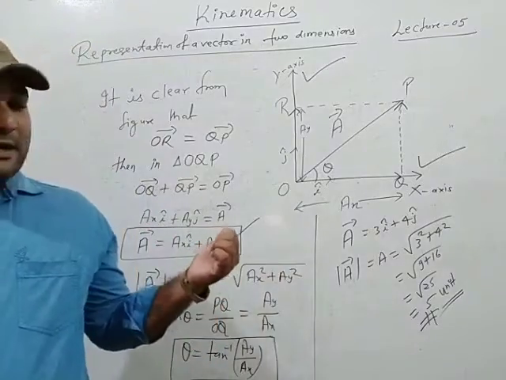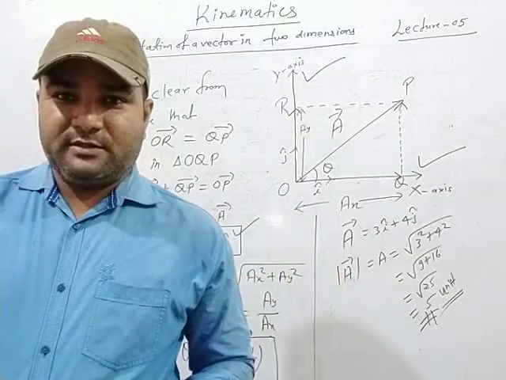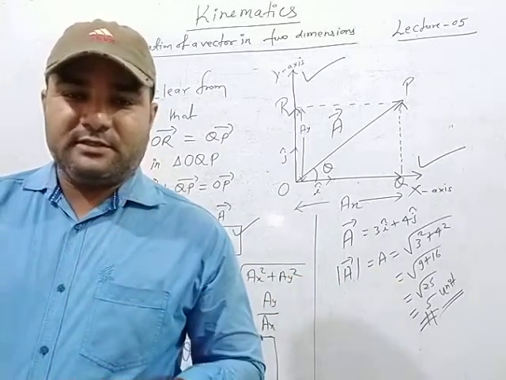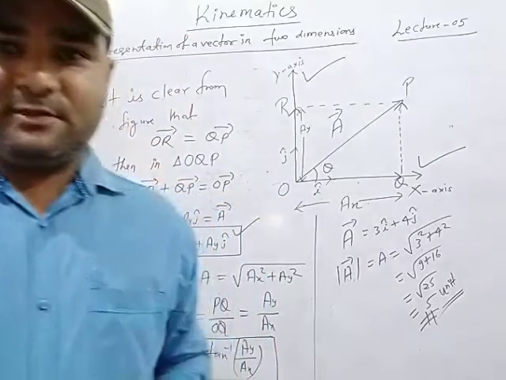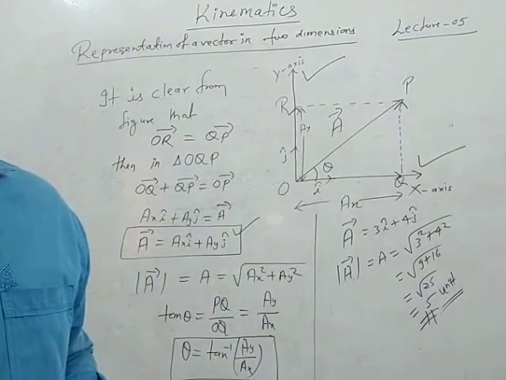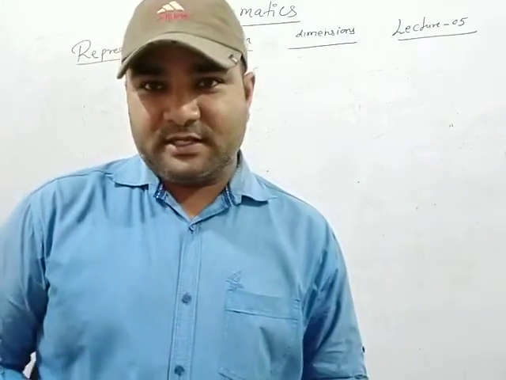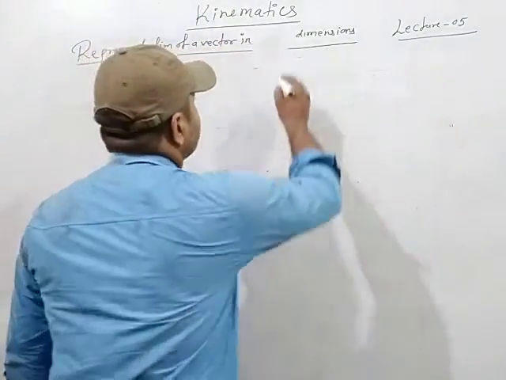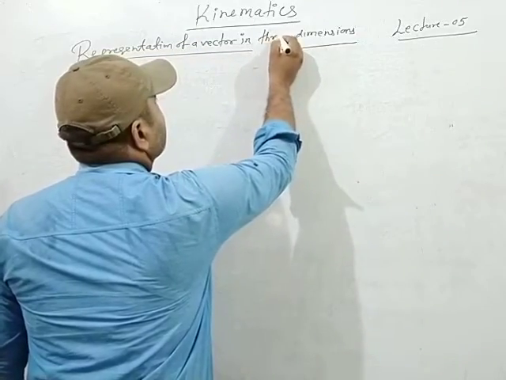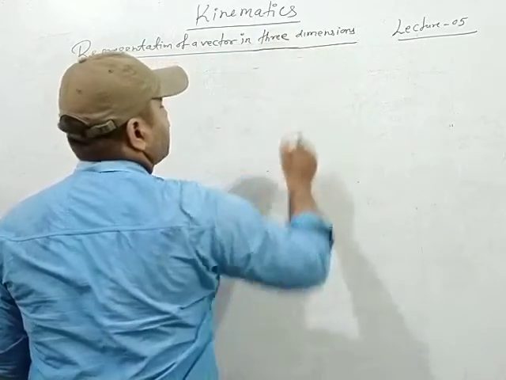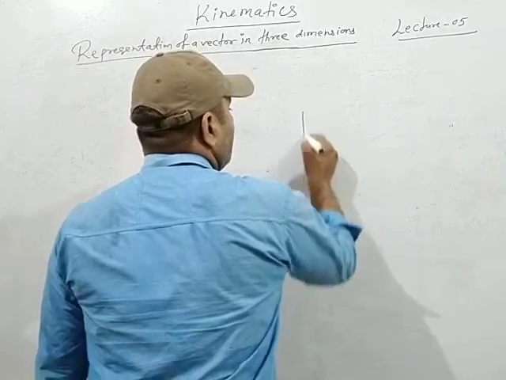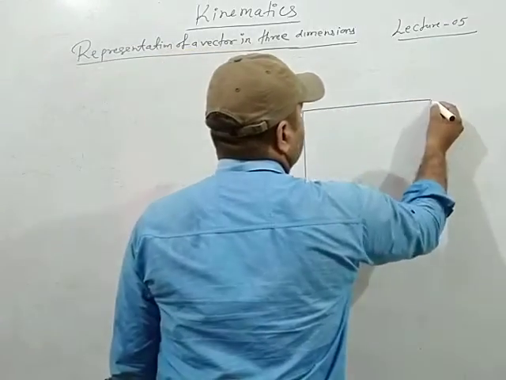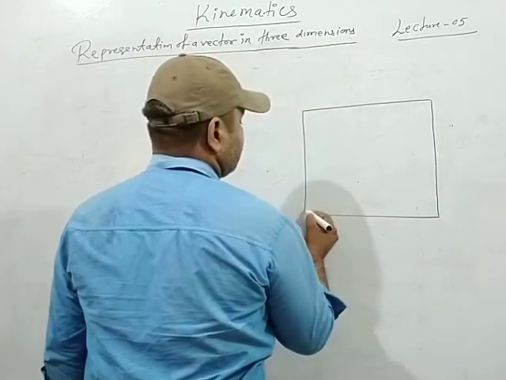After this I am going to explain the representation of a vector in 3 dimensions. Very easy. Just note this down. See the concept of representation of a vector in 3 dimensions. In 3 dimensions, how do we represent it? First, we have to make a cuboid.